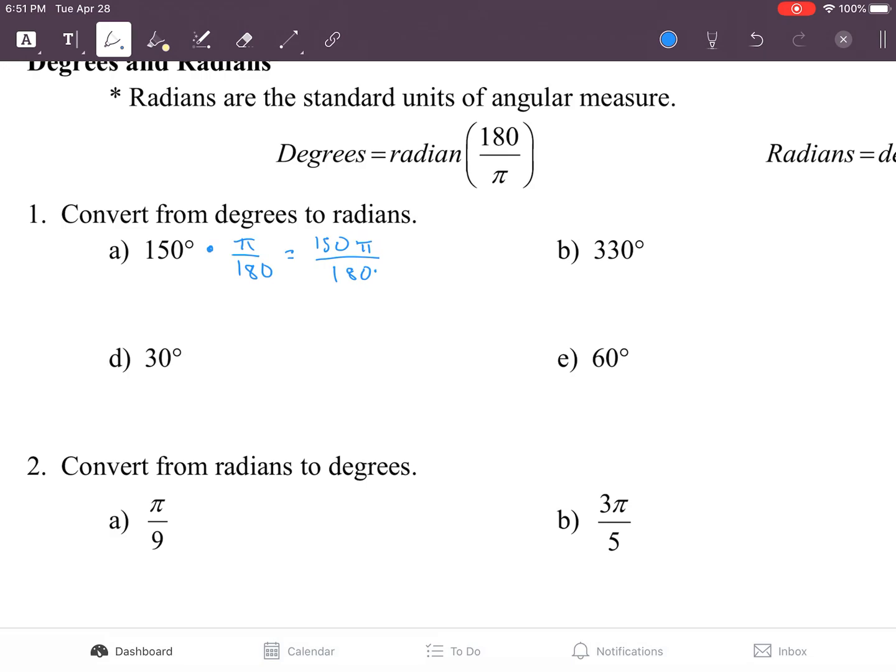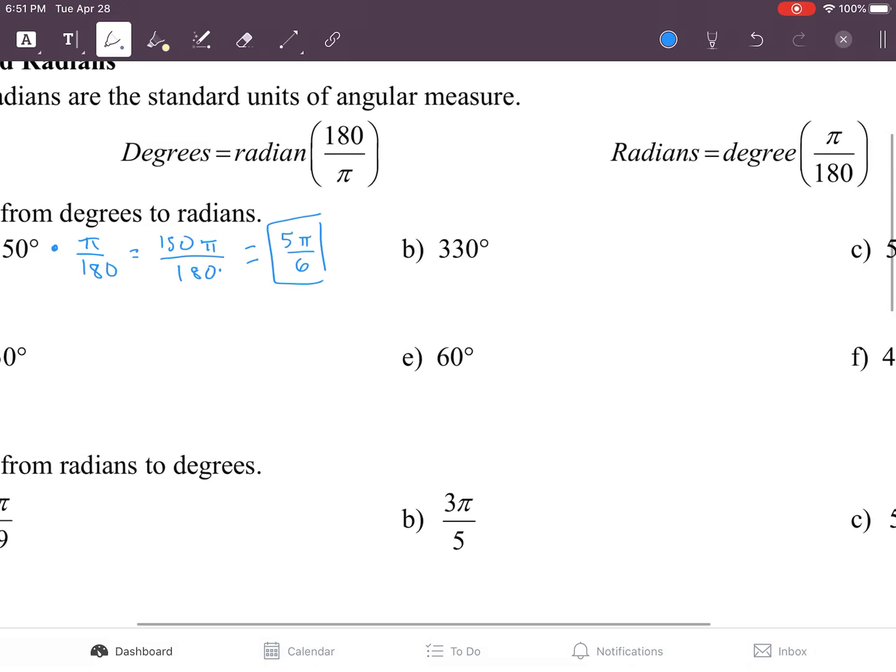It's going to give you a decimal, but we don't want a decimal. Radians are calculated in fractions. So we're going to convert this decimal of 0.833333 to a fraction. You hit Math, enter, enter, and you get a fraction of 5 pi over 6. And that is your answer.